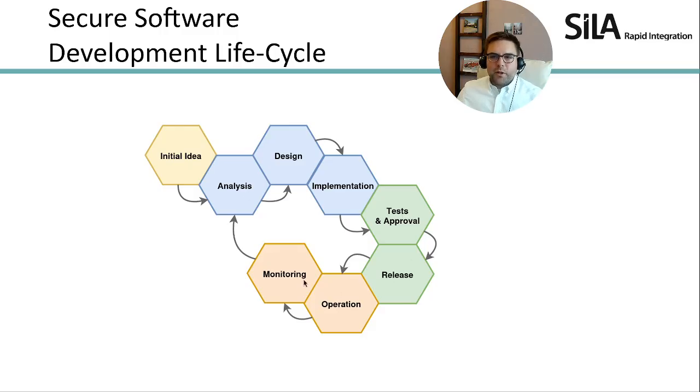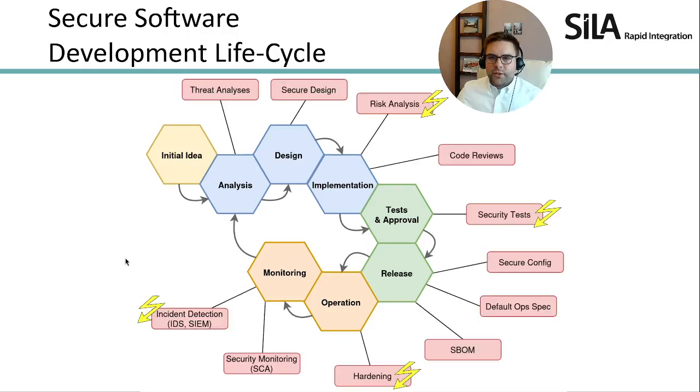So this is more about how do we build software. How does this become a secure software development lifecycle? Well, by adding some things to these steps. So in the analysis phase, you should also think about threats. What are the ways somebody could maliciously interact with my software?